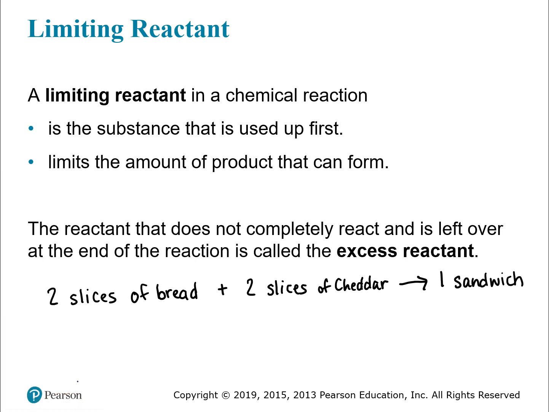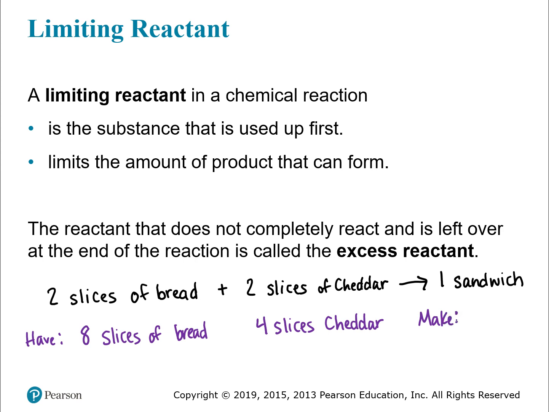What if I look around, look in the fridge, get out the bread, get out the cheese, and I find that what I have is 8 slices of bread, and 4 slices of cheese. How many sandwiches can I make with that?